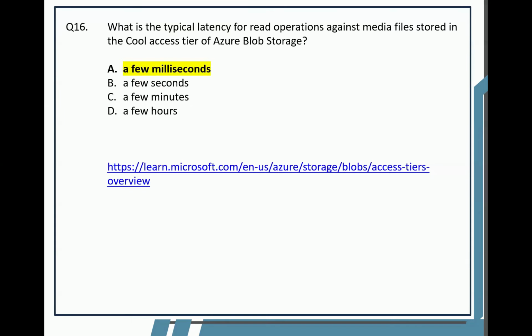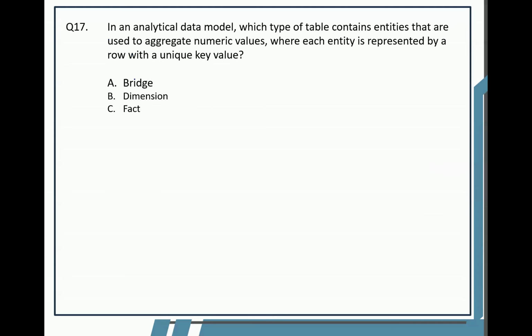Let's move on to question number 17 of the series. In an analytical data model, which type of table contains entities that are used to aggregate numeric values, where each entity is represented by a row with a unique key value? Your options are bridge, dimension, fact.